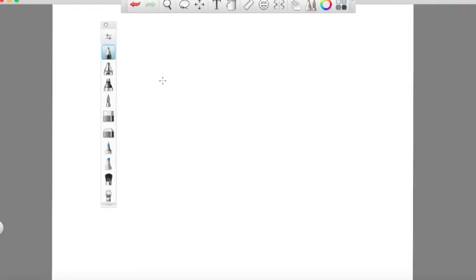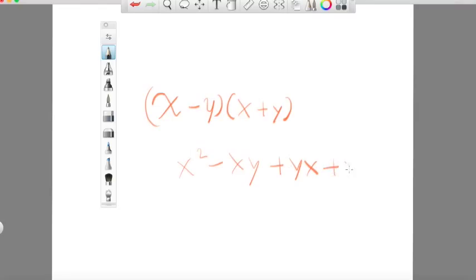Then the next is two binomials multiplying each other: x minus y times x plus y. I suggest you pause the episode and try to find out. Alright, I think you paused the episode, so we have x squared minus xy plus yx, or xy is the same anyhow, minus y squared.